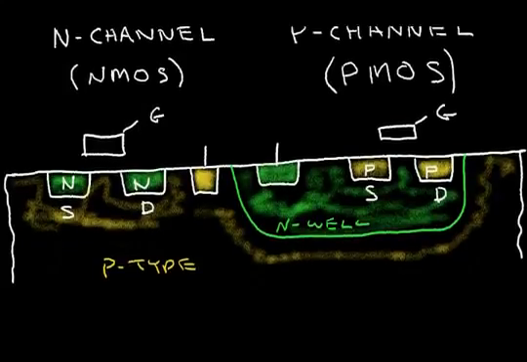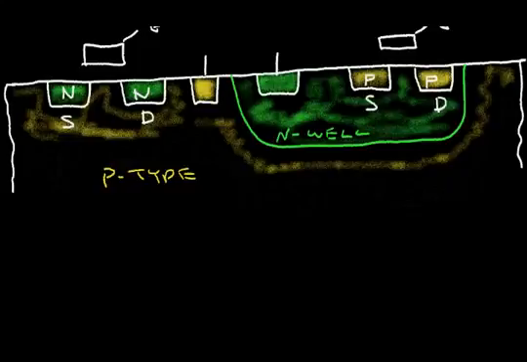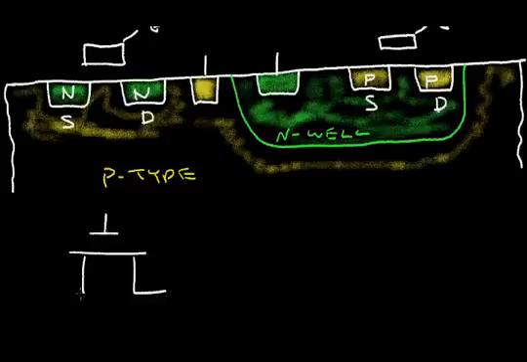And now let's draw the symbols for these transistors. So here I have the NMOS symbol. This is a gate, source, drain.